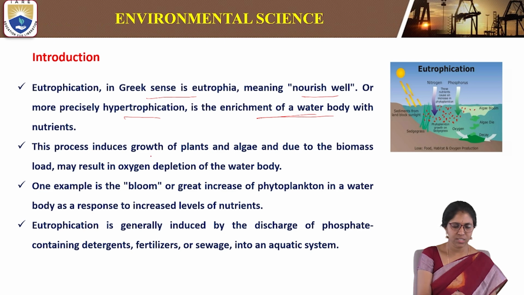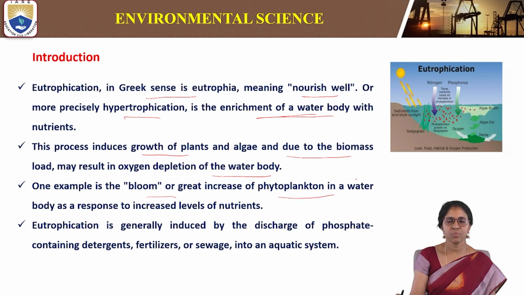This process induces growth of plants and algae, and due to the biomass load, it may result in oxygen depletion of the water body. One example is a bloom, a great increase of phytoplankton in a water body as a response to increased levels of nutrients.